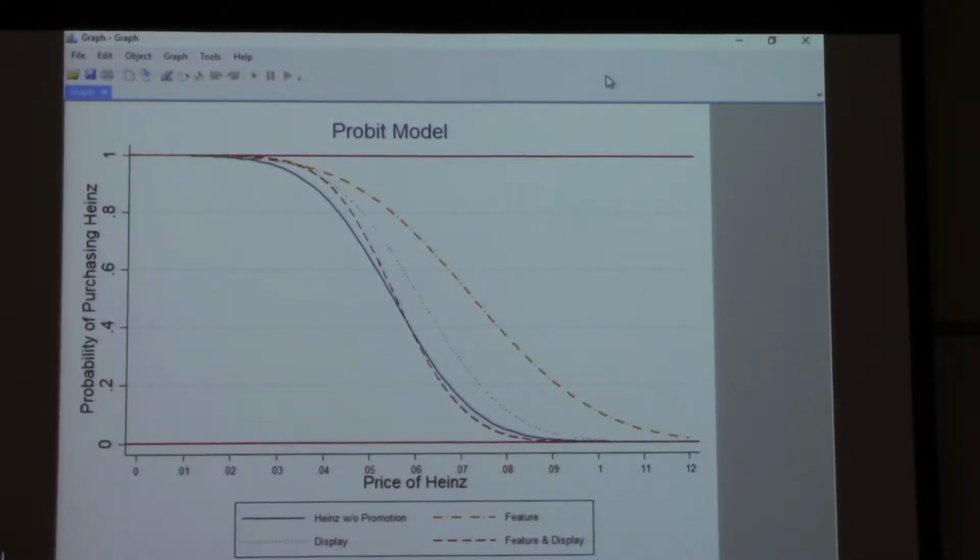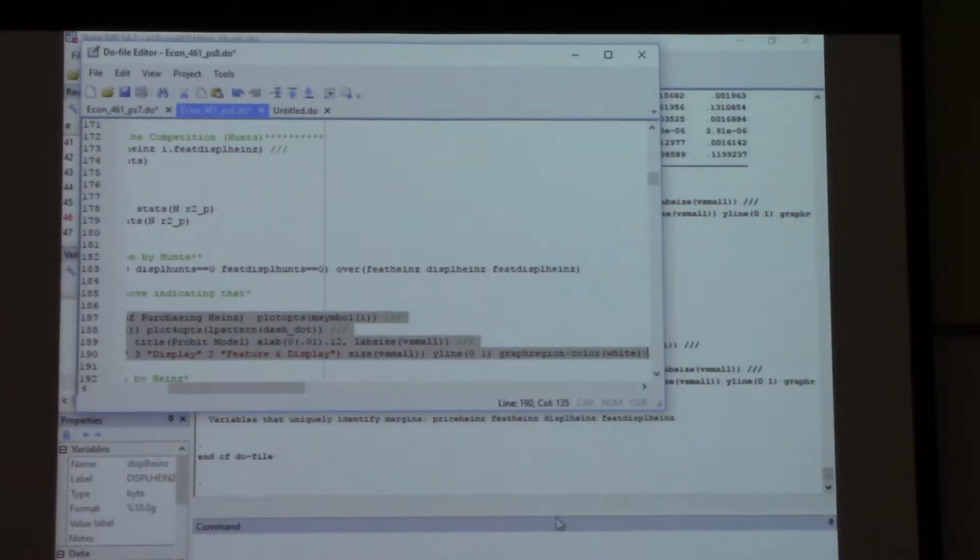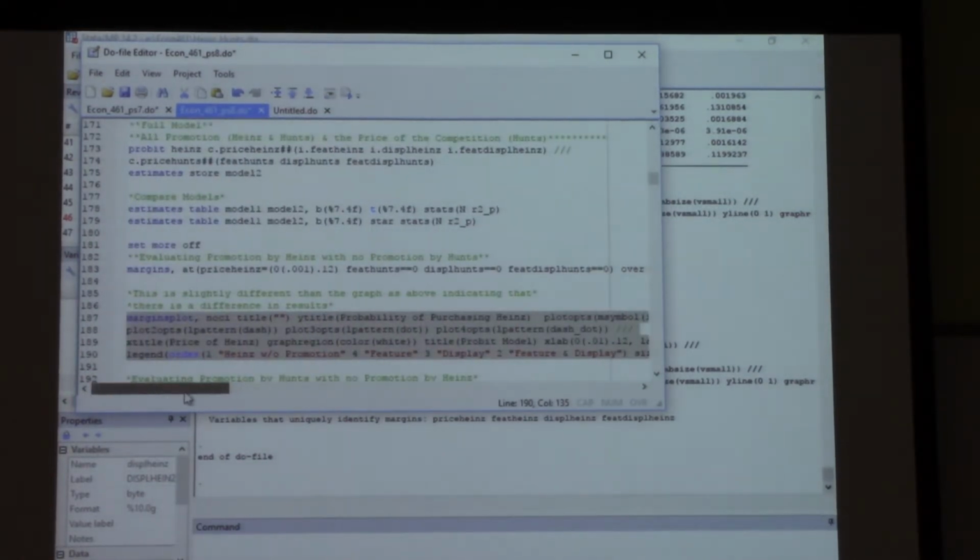We're still getting the effect of feature and display being ineffective. And there are some minor differences. If we put the graphs together, you can see the difference. Sometimes you can get vastly different results, though, which is really scary.